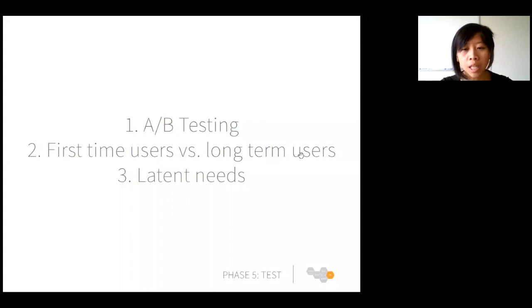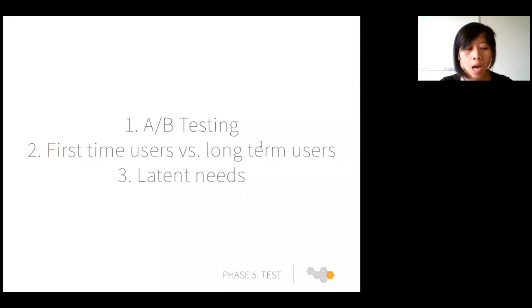It's also good to keep in mind that first-time users and long-term users may behave very, very differently. First-time users may find a lot of things to be confusing, non-intuitive, and they may give you a lot of immediate feedback in that sense.